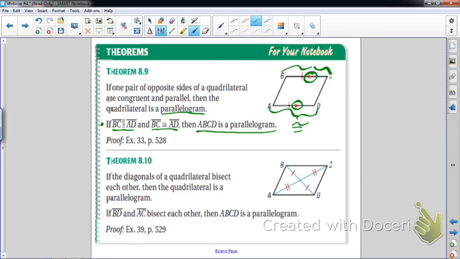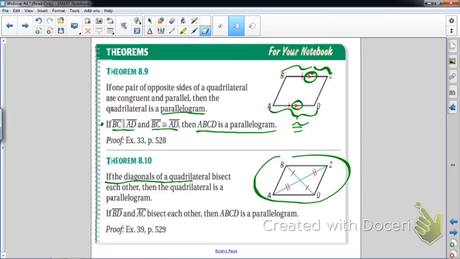Now, taking into consideration whatever the example may be and what pieces of information they are giving you, we could also call something a parallelogram if we know the bisections of it. Let me read that from the beginning.